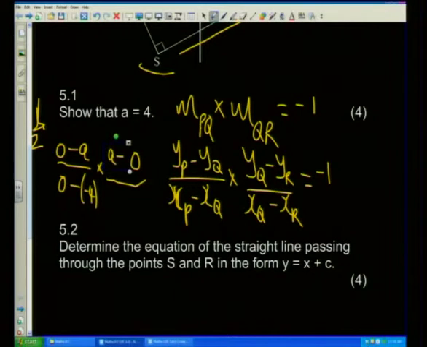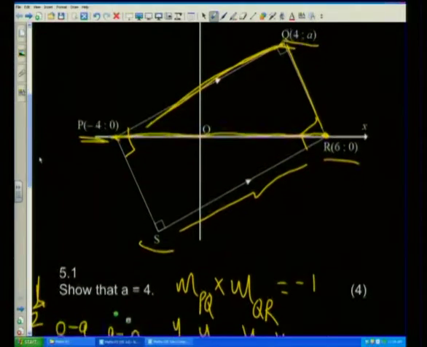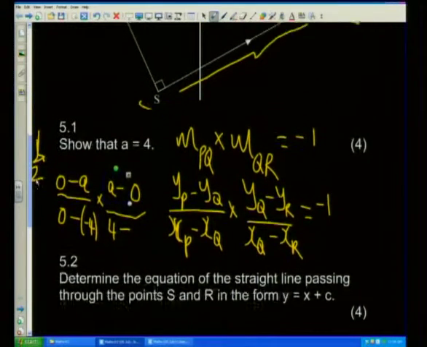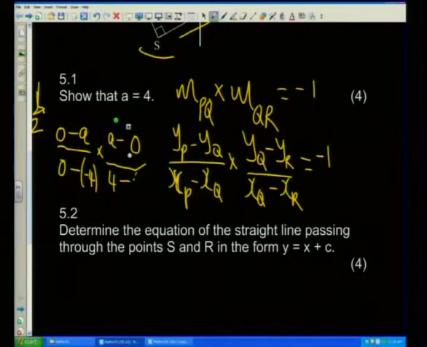And we divide that by the x at Q, that's 4, and we take away the x at R, which is 6. And that product must be equal to -1.